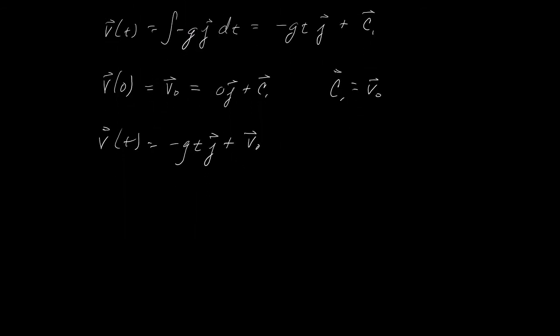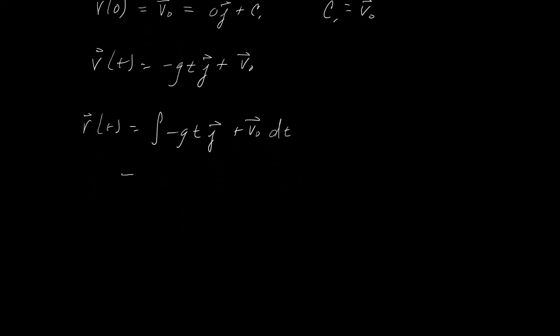So we integrate again to get r of t. Okay, so the antiderivative of negative gt is going to be negative 1/2 gt squared in the j direction. And because v0 is a constant vector, each component would simply be multiplied by t, which we can represent as v0 times t. All right, plus a constant vector, I'll call this one c2.